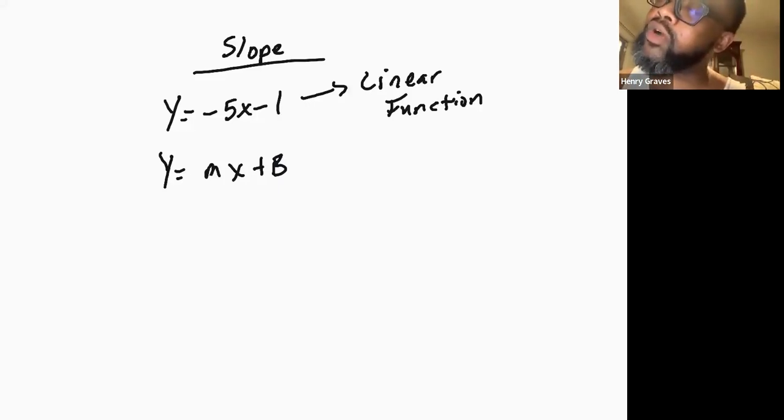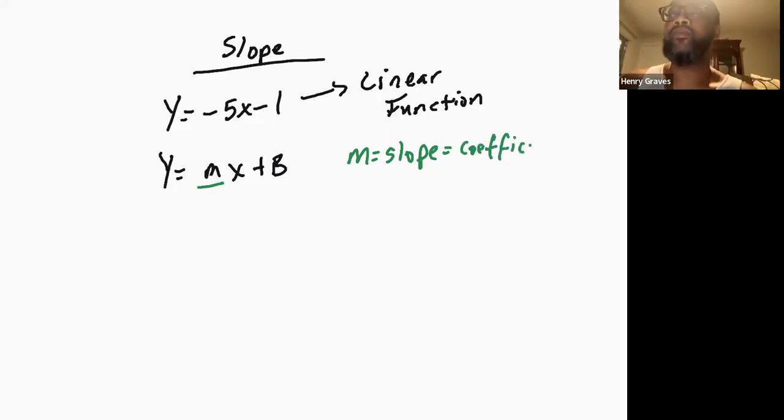We also call this the coefficient as well. That word coefficient just means the numerical value in front of the x, right? And then we also have the b, which is the y-intercept. And that's simply where the graph crosses the y-axis, right?